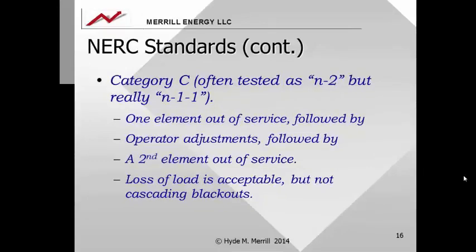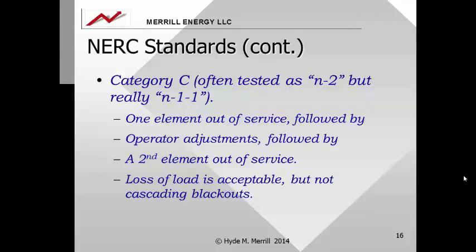Category C is often tested as N-2, but it's really N-1-1. The way it works is you assume that some element of the transmission system is out of service, or goes out of service. The operator is given time to make adjustments, and after he makes his adjustment, a second element of the transmission system goes out of service.